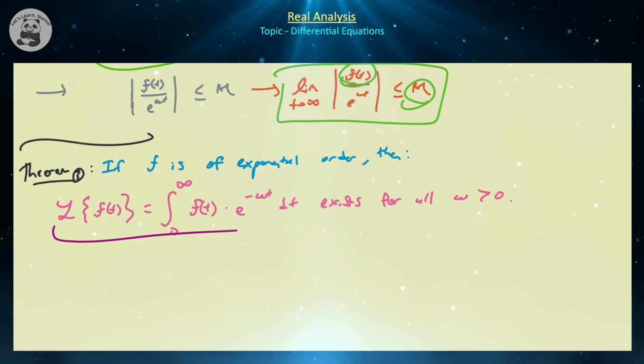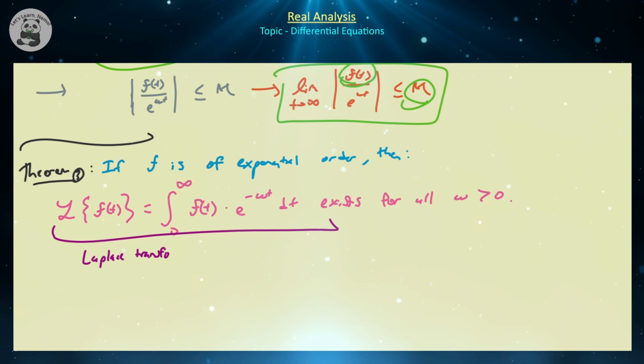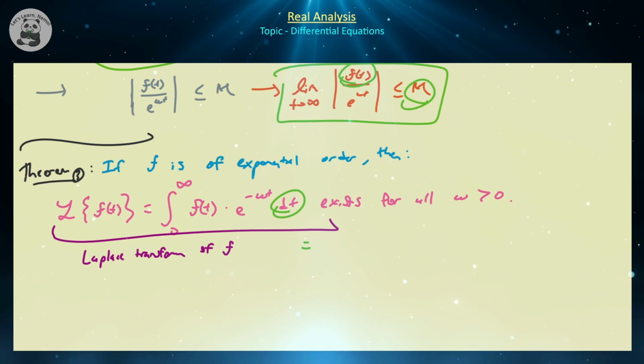And we call this the Laplace transform of f. Obviously, our integral is ranging over t, and therefore this is going to result in a function of omega, which I'm going to denote as capital F.